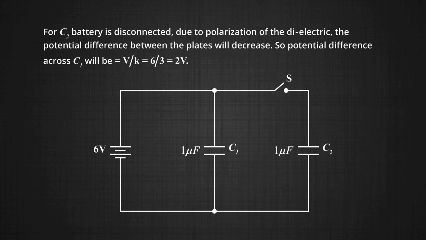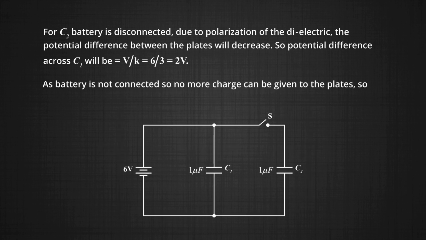For C2, battery is disconnected. So, due to polarization of the dielectric, the potential difference across the plates will decrease. So, the new potential difference across C2 will be V by K, which was 6 volt earlier. So, this will be equal to 6 by 3, equal to 2 volt.